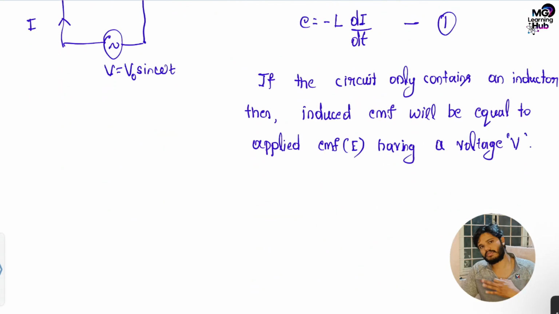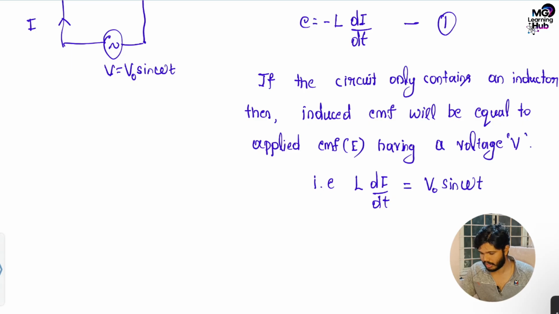The induced EMF is equal to the applied voltage. So the induced EMF expression L di by dt will be equal to V naught sin omega t.